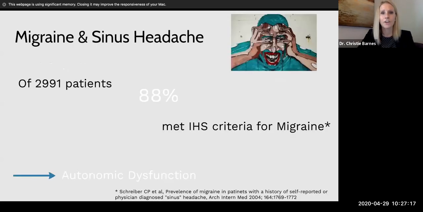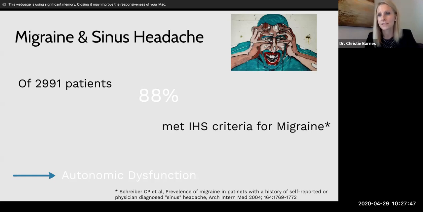And as far as migraine and sinus headaches, we know from several good studies, and this is one of the earliest ones in 2004, this group in the Archives of Internal Medicine published a study looking at almost 3,000 patients, and 88% of those patients that walked into the door with a self-reported or even physician-diagnosed sinus headache actually met criteria for migraines.